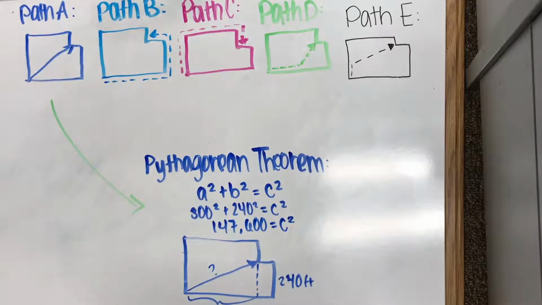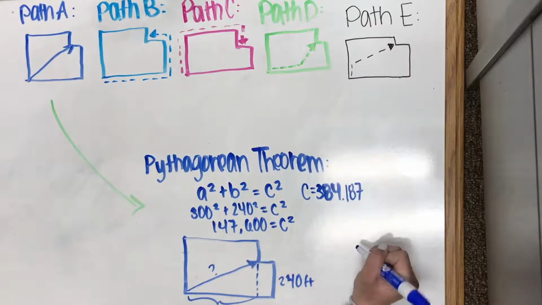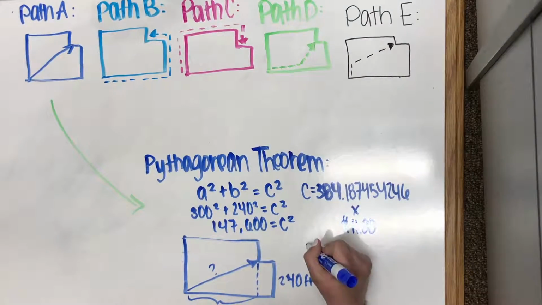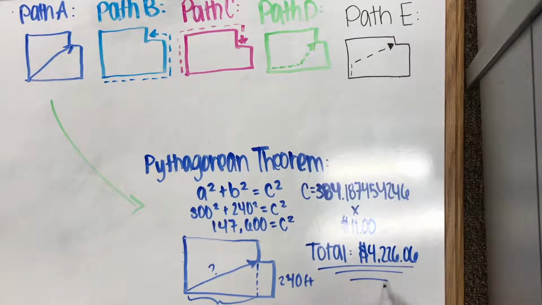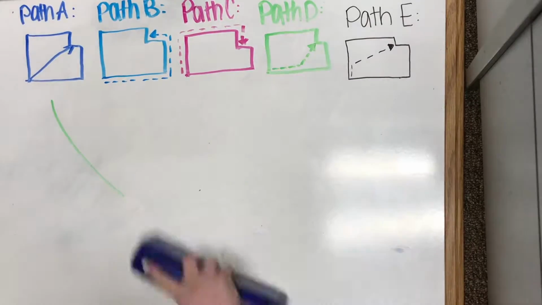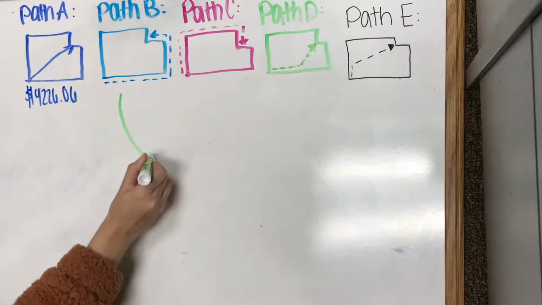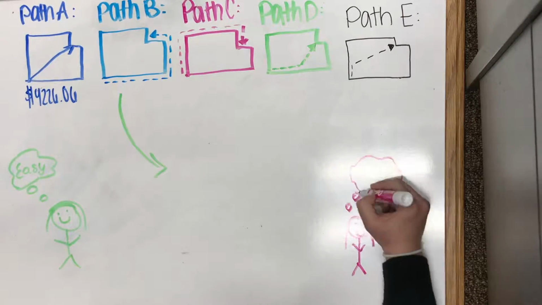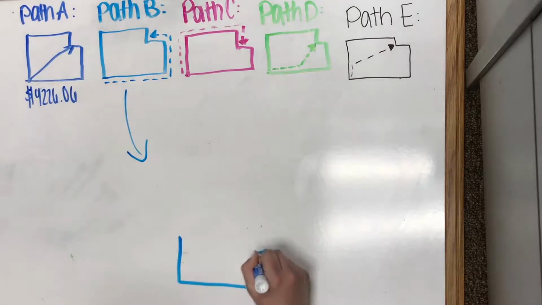Once we plug that into the formula, we get c squared equaling 147,600. When we square root that, we get approximately 384. And when we multiply that, we get a total of $4,226.06.